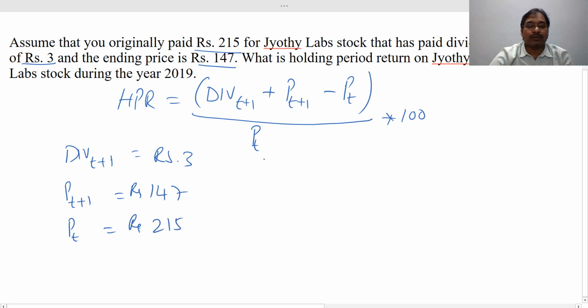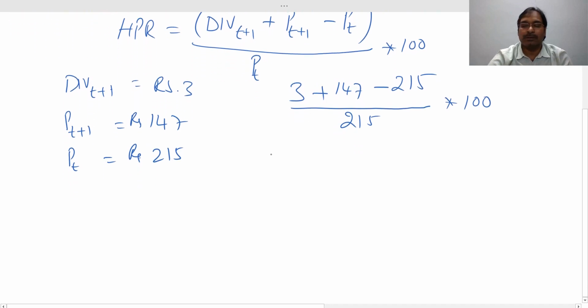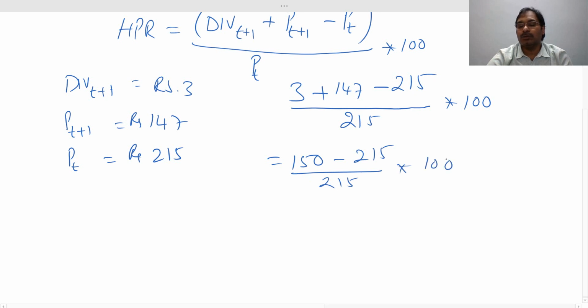So we substitute these values into our equation. This comes to 3, which is the dividend, plus selling price 147, minus purchase price 215. This divided by your purchase price, that is 215, into 100. So this equals 150 minus 215 by 215 into 100.